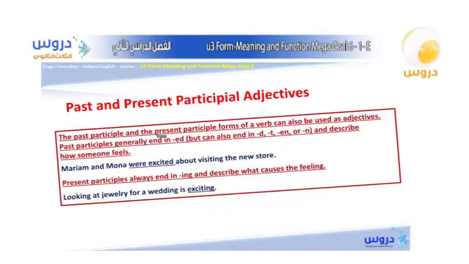The past participle and the present participle forms of a verb can also be used as adjectives. The past participles generally end in ed, but can also end in d, t, n, or en, and describe how someone feels.